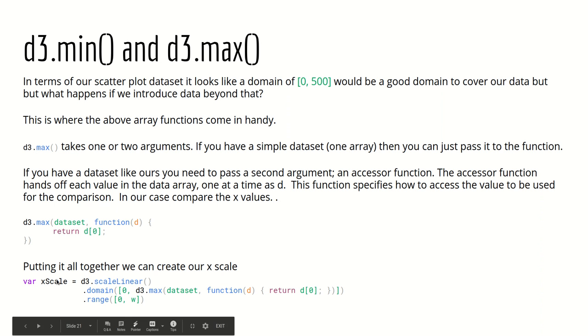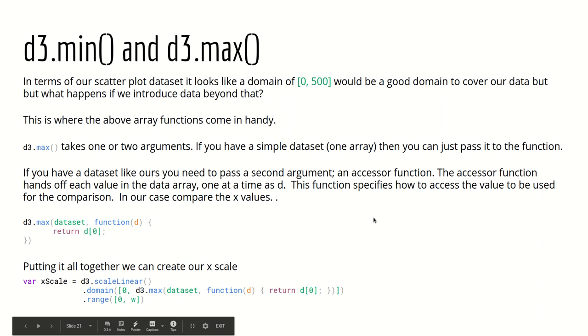So putting it all together, if you create another scale, d3.scaleLinear, pass in your domain, it starts at 0, and then you get your max function. So d3.max, you pass in your data set, and you return d.value. And then the range, you pass in 0, and then the width of your graph. So you use abstract functions here to match your data and your graph.